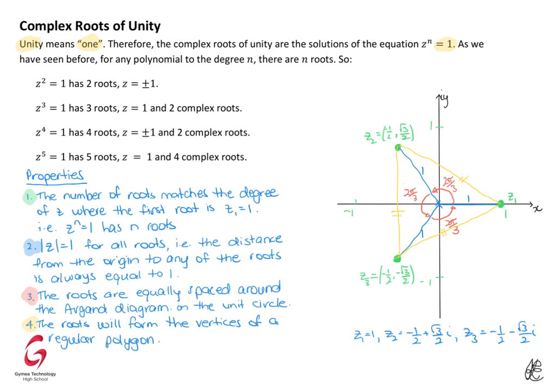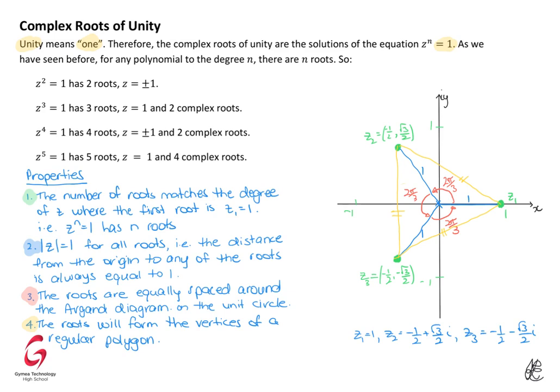If we were going to plot the four roots for z to the power of 4 is equal to 1, we would end up with a square, and so on, with each set of our roots creating that regular polygon with equal sides, equally spaced around the Argand diagram.